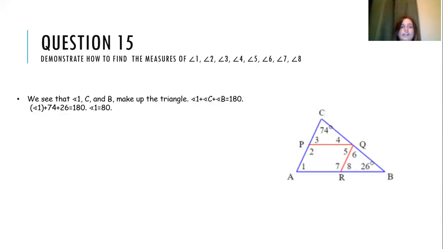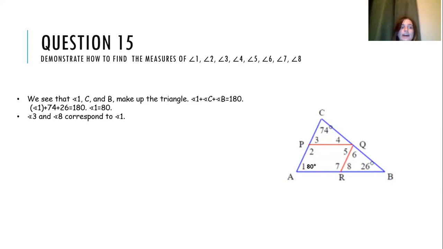Since we already know angle C is 74 degrees and angle B is 26 degrees, we know that angle 1 plus 74 plus 26 is equal to 180. So angle 1 must be equal to 80 degrees.